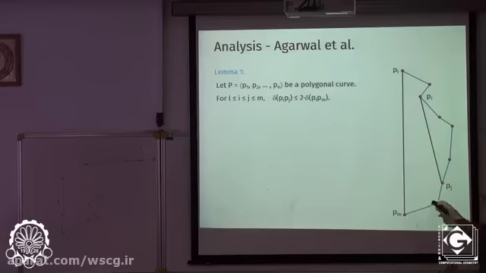More specifically, the delta for this segment can be at most twice the delta for this larger segment. And the argument here is, I look at the parameterization that gives me the delta for the longer one.